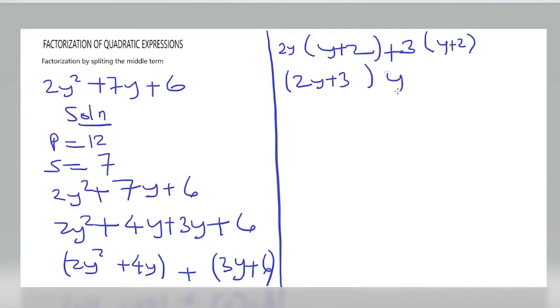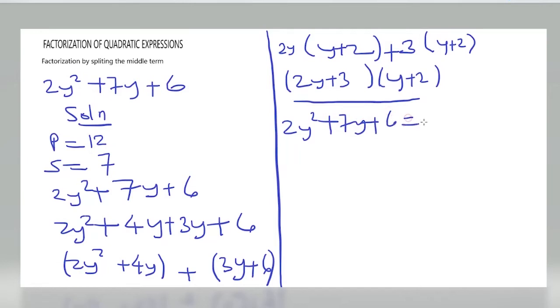Now these are the factors of 2y squared plus 7y plus 6. This one is equal to (2y plus 3)(y plus 2). This is the basic concept of how to find the factors from a quadratic expression. So when you multiply 2y plus 3 by y plus 2, you get the quadratic expression.